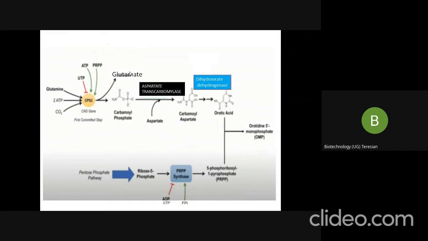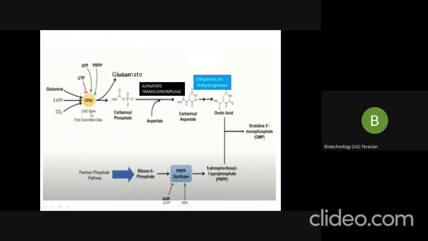So, to start with, we have what? We have the glutamine, we have two molecules of ATP and carbon dioxide. So these are utilized by your cells, and then they are converted to carbamoyl phosphate.